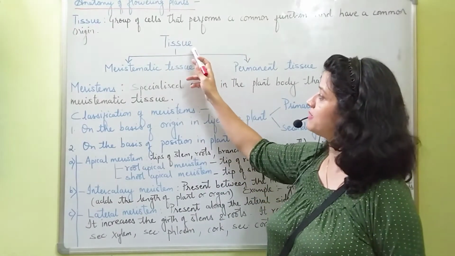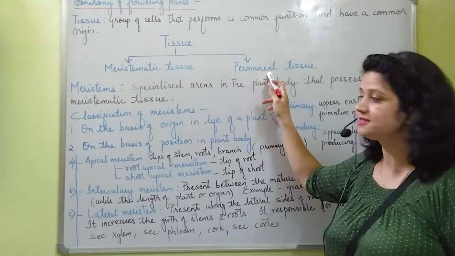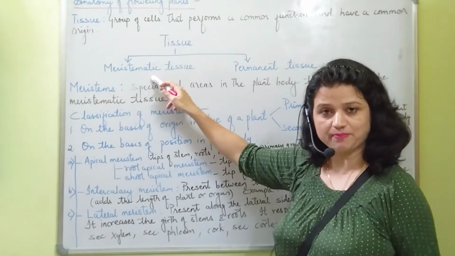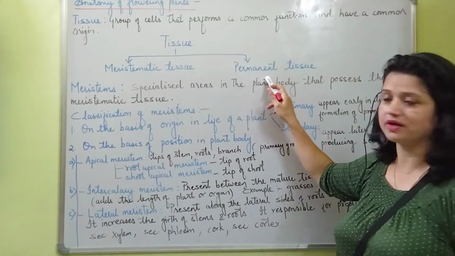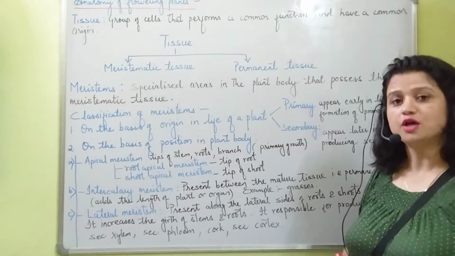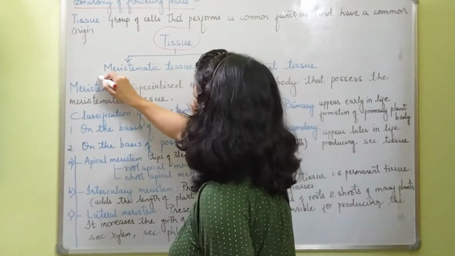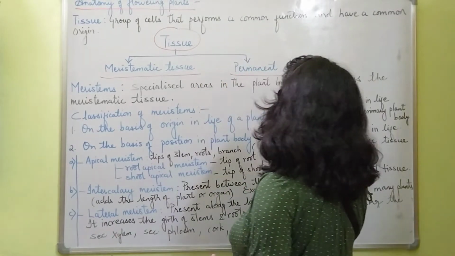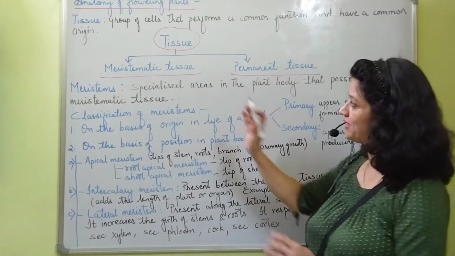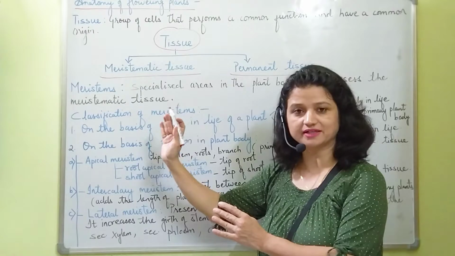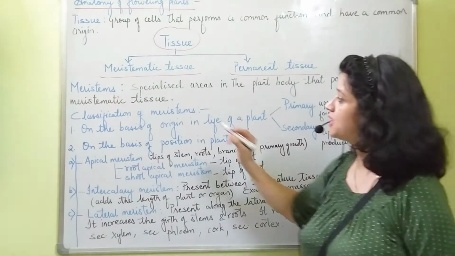Now this tissue can be classified into two categories. The first one is the meristematic tissue and the second one is permanent tissue. Now what is the difference between the meristematic tissue and the permanent tissue?